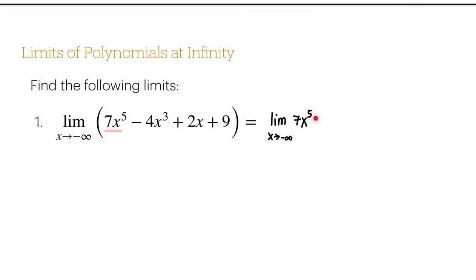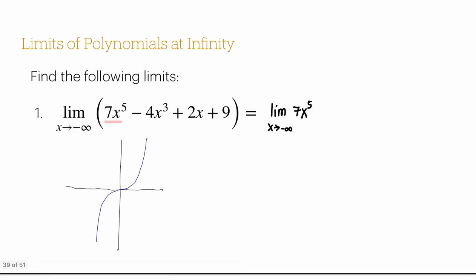And from what we have learned, if n is odd for a polynomial x to the power of n, then the curve would look like this. And so when x approaches negative infinity, what happens to the function?